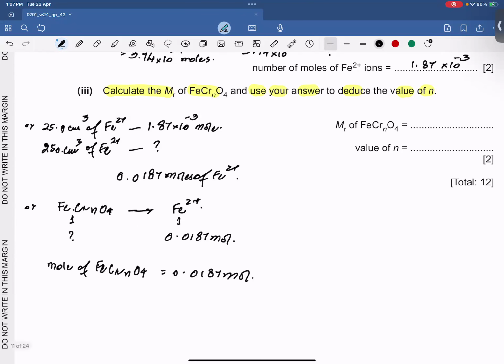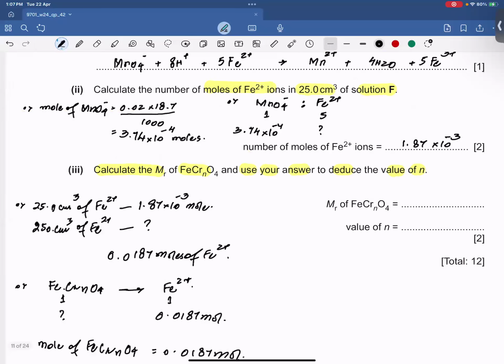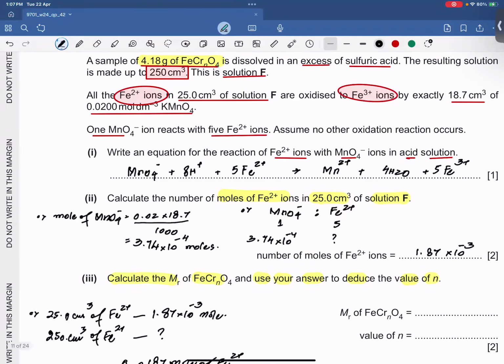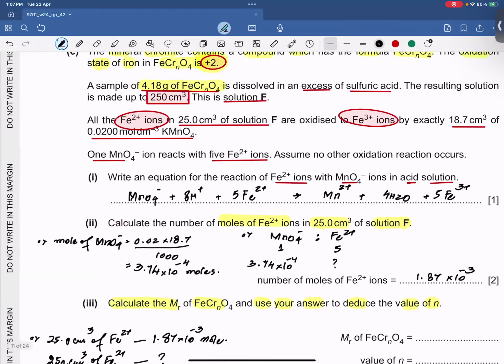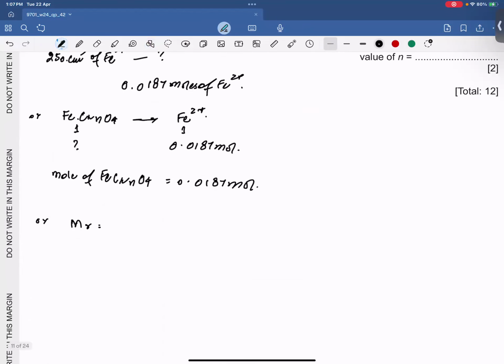The mass of the sample is already given, so I can find the Mr. Mass is basically 4.18 gram, divided by moles. Moles is 0.0187. So Mr is going to be 4.18 divided by that answer. Mr is going to be 223.5.